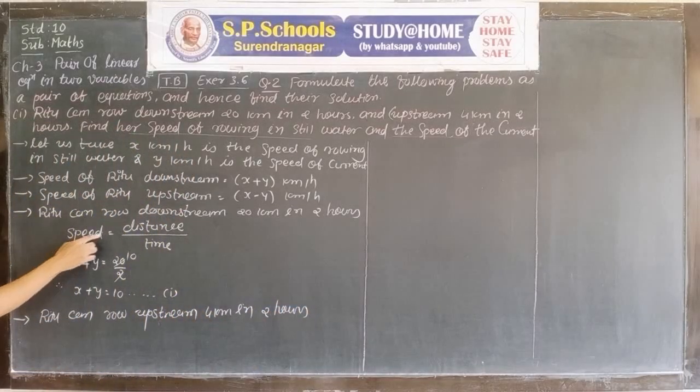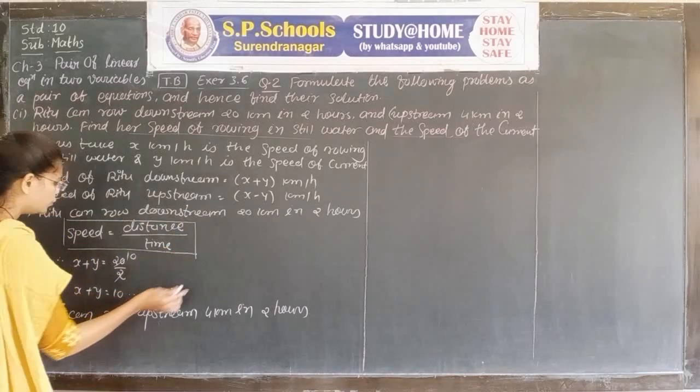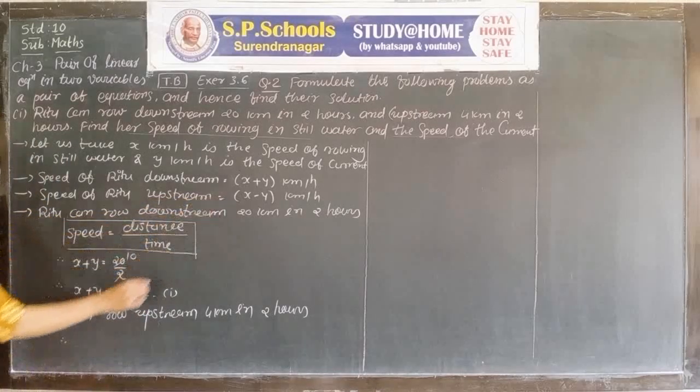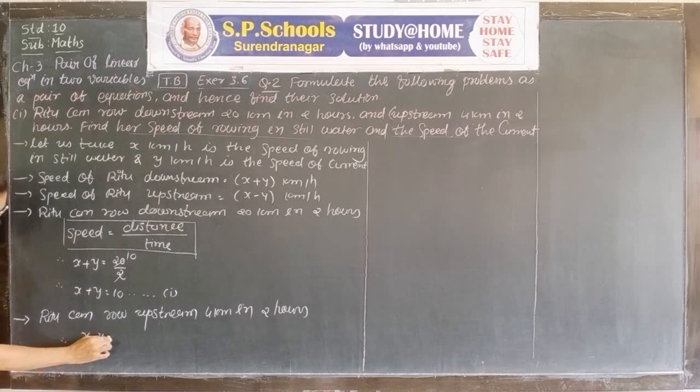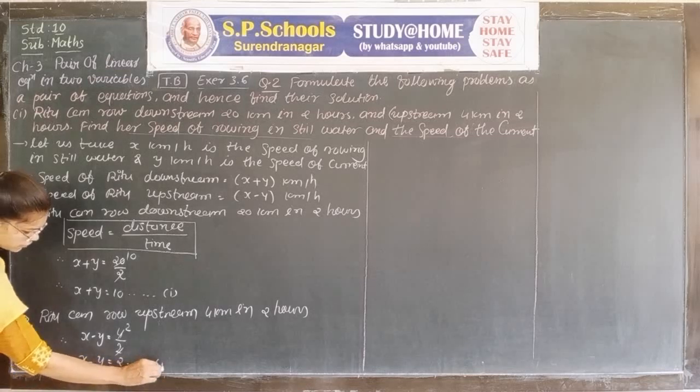Again we use speed is equal to distance upon time; there is no need to write the formula again. Speed in upstream is x minus y is equal to distance. The distance is 4 km and the time is 2. 2 twos are 4. That's why our equation is x minus y is equal to 2, which is our second equation.